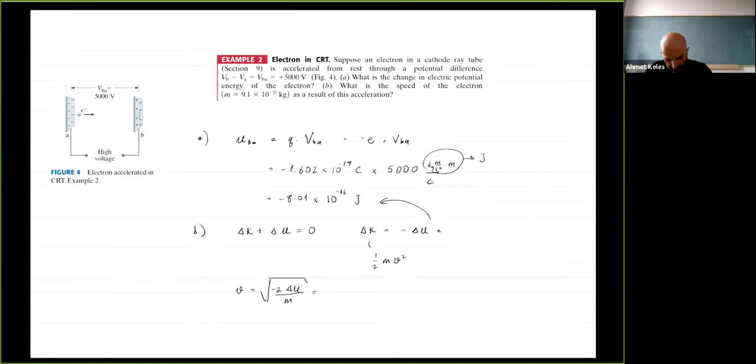And if we put in the numbers, what does it give us? Maybe I can do this: 2 times 8.01 times 10 to the minus 16. Let's write the units to be sure. This is kilogram meter squared per second squared, divided by the mass, 9.1 times 10 to the minus 31 kilogram.